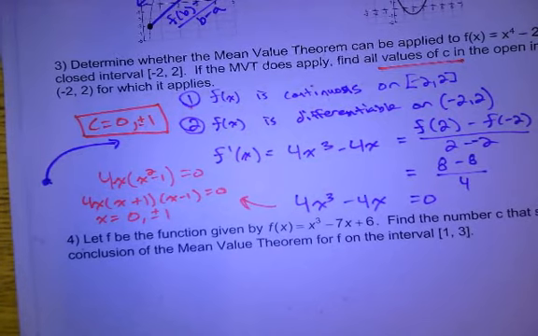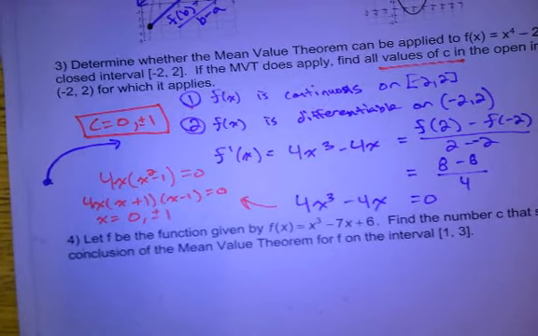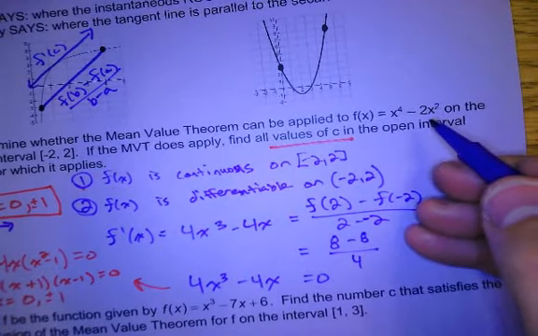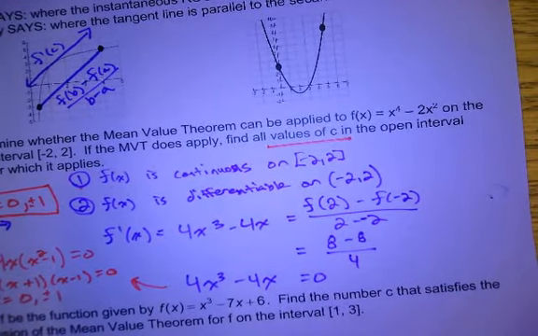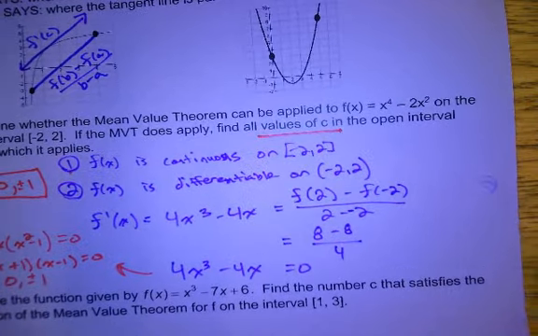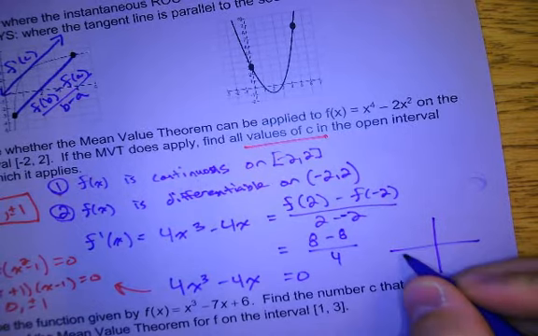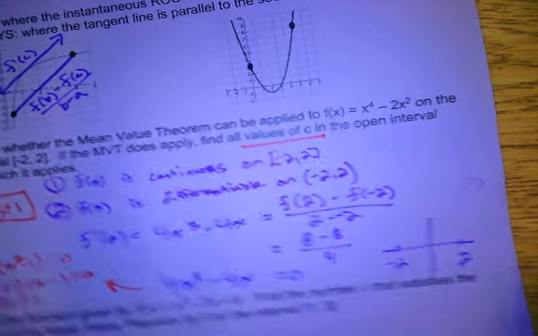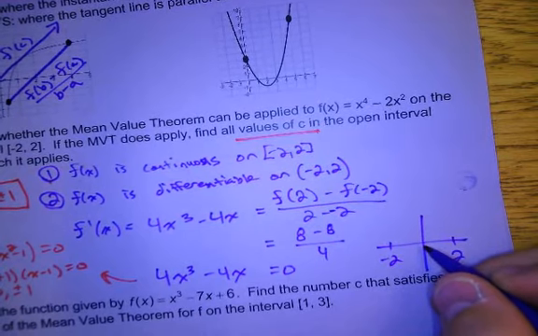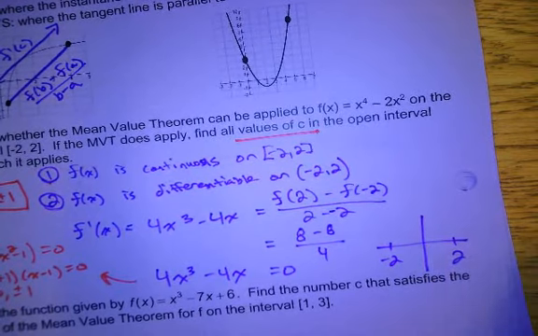What does this mean? What the heck did I just do? I'm going to draw this for you real quick. Just trying to figure out how it's drawn from negative 2 to 2. I'm going to cross there, and I'm going to cross 2.